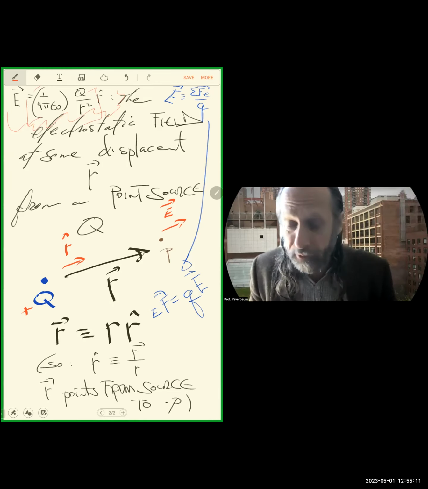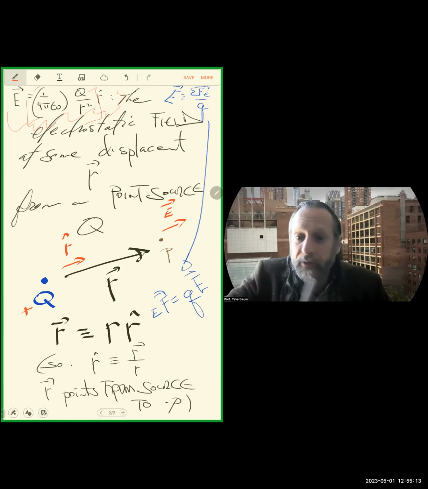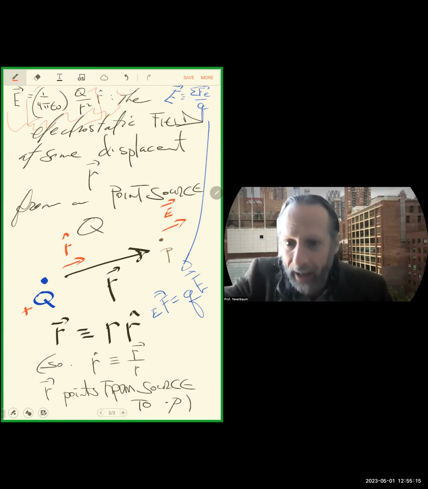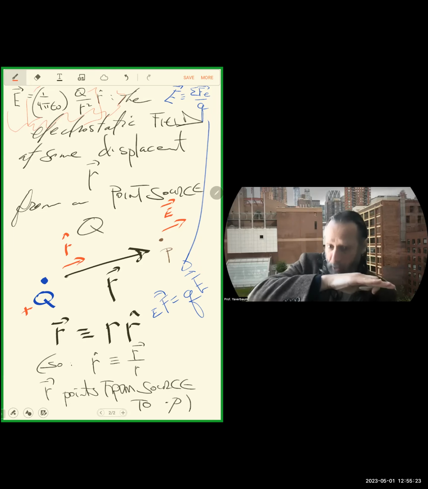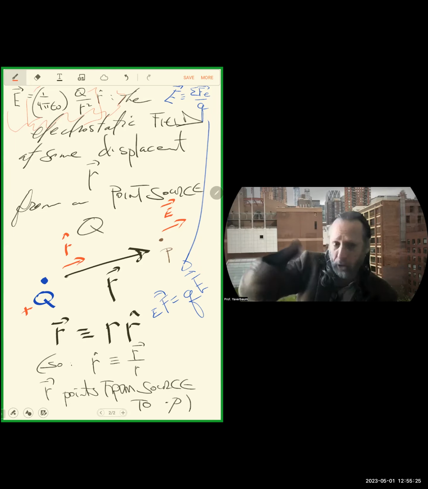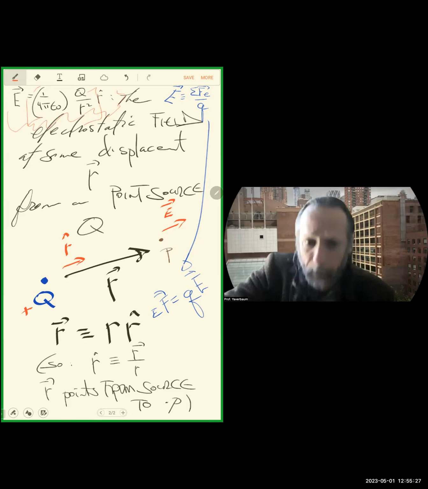What's the direction of the field vector? The direction of the field vector points along R hat. The direction points in the same direction as a line that you could imagine in your mind from the original Q to the final P. So all of those numbers together give you magnitude, and then the R hat gives you direction.